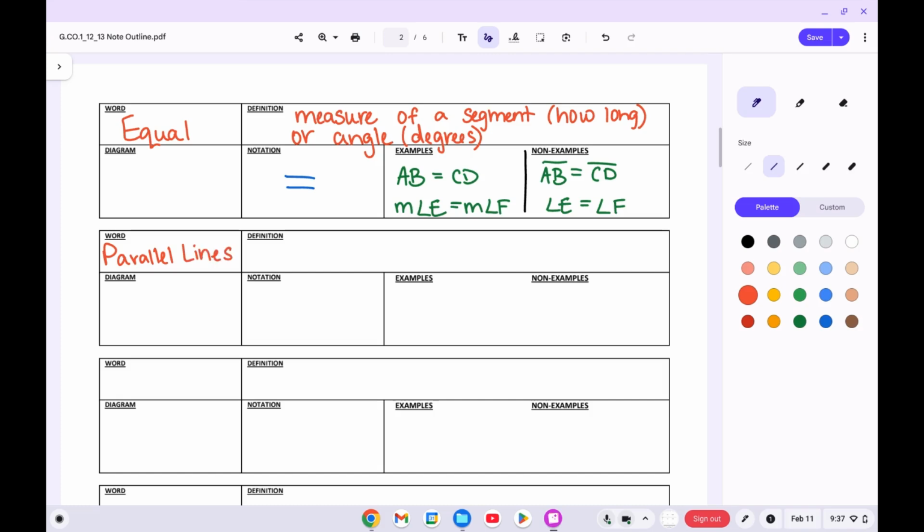All right, and you guys were telling me that when you have seen parallel lines in the past, they're lines that never touch each other, right? So the definition of parallel lines would be two lines in the same plane.